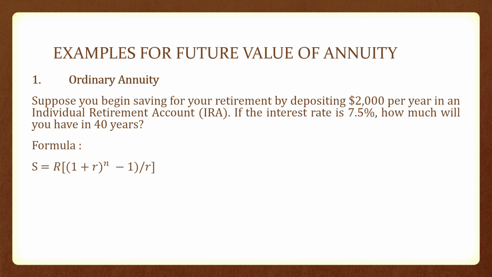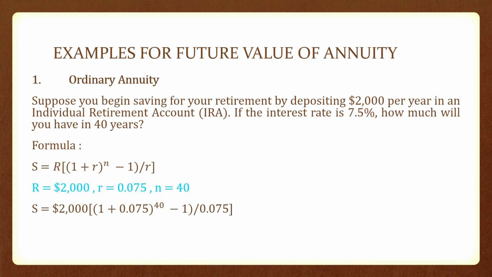Capital R is $2,000. Small r is 7.5%, converted to decimal, which is 0.075, and n is 40 years. After that, put it in the formula, press the calculator, and the answer is $454,513.04.